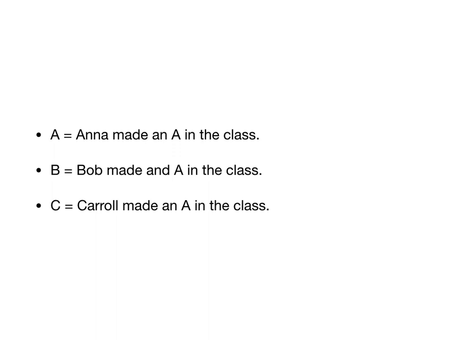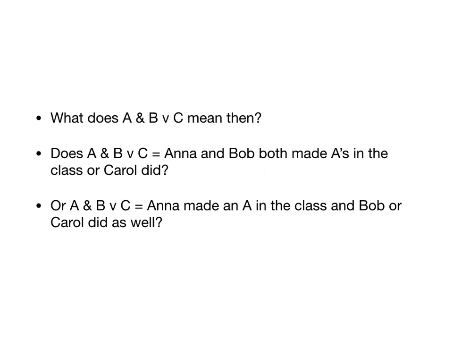You'll start hooking up more than two propositions. Think about this. Anna made an A in class, A. Bob made an A in class, B. Carol made an A in class, C. Well, what does A and B or C mean?